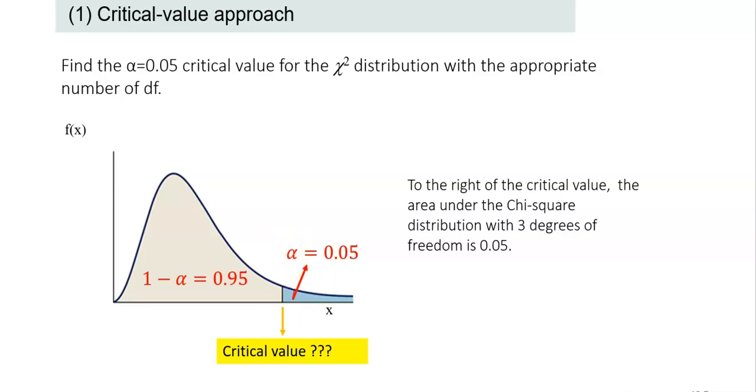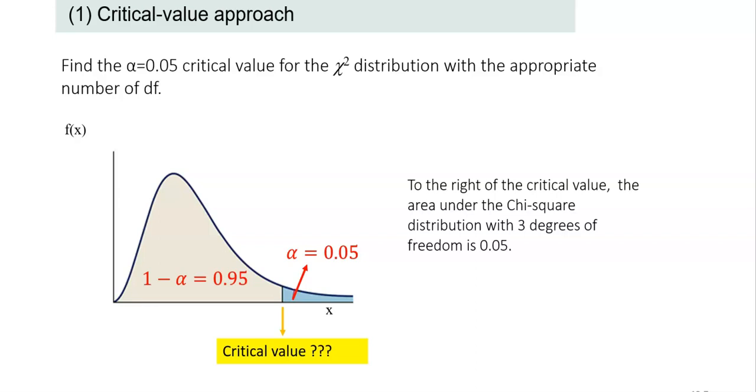So if the calculated chi-square test statistic is greater than the critical value, we conclude that the data do not support the claim in the null hypothesis. For values below the critical value, it is fair to claim that the data support the null hypothesis.